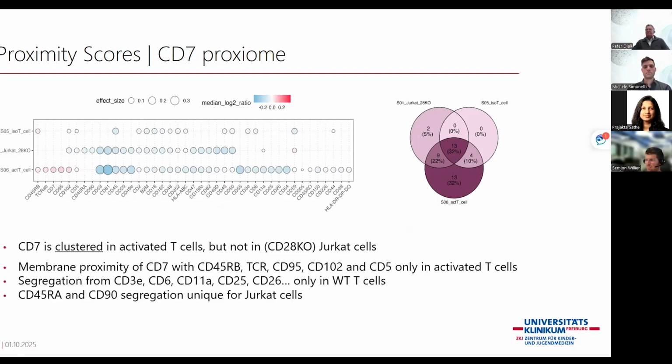I'm not going to read off these markers to you, but the main point is that some of the Jurkat cells show specific differences compared to both activated and resting T cells, for example the segregation of CD45RA and CD19, which is not observed in any of the other physiologic T cell conditions.